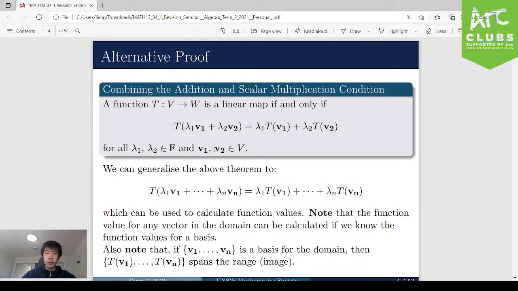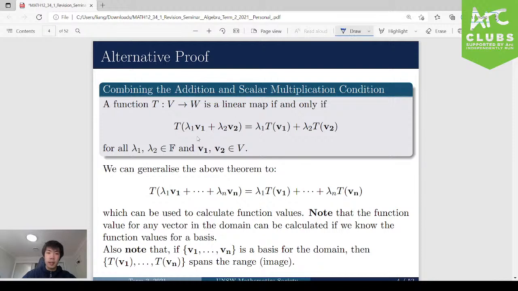We have a look at an alternative proof here. In the previous question, we did both addition and scalar multiplication one by one. But there is a slightly faster method: rather than checking whether it preserves addition and scalar multiplication individually, you check whether it preserves linear combinations.